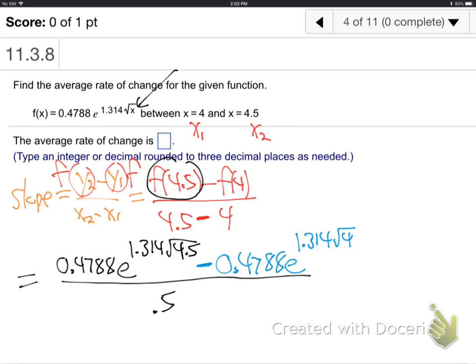Everybody see what I did there? There's f of 4.5 and there's f of 4. See how I just plugged in 4.5 and plugged in 4 to the x slot. That's the holes in the toaster. That's what an x is in a function. Insert here, right? That's where you plug in whatever's in the parentheses. 4.5 in the parentheses plugs into the x slot. 4 plugs into the x slot.